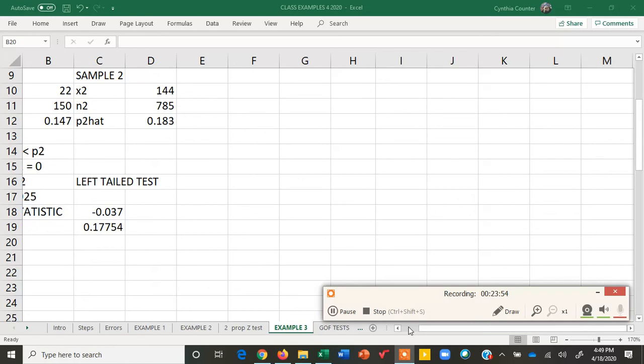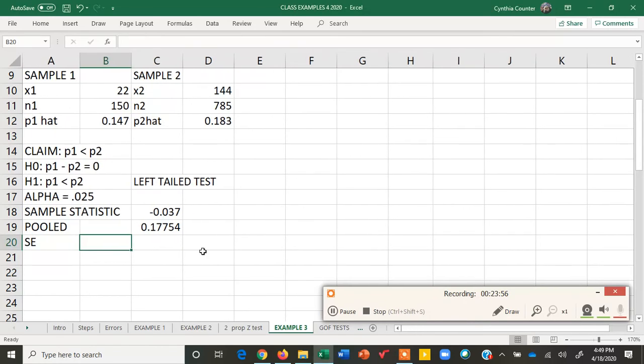So I can just click on the cells. So square root of pooled times grade 1 minus pooled. All right, I really don't want to have to type in the cell designation every time, although I probably would be done with the computation by now if I just had.